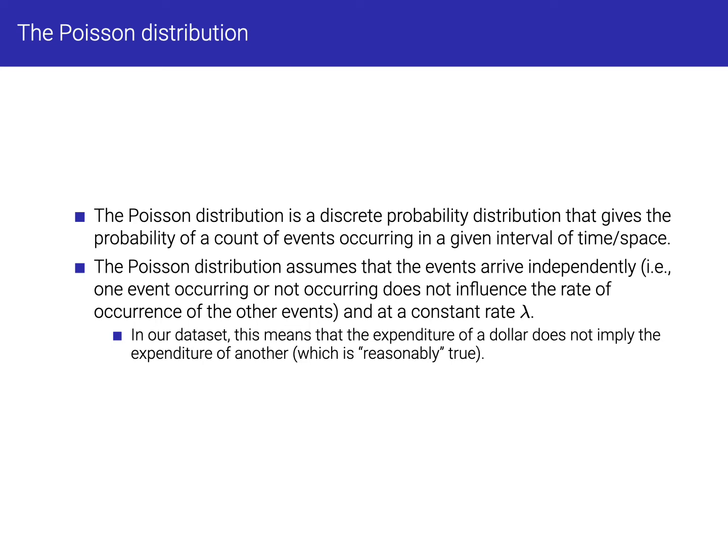And so another assumption that we're going to make is that the rate of spending is constant. So in our data set, what that means is that the expenditure of $1 does not imply the expenditure of another dollar, and each state spends at a constant rate.